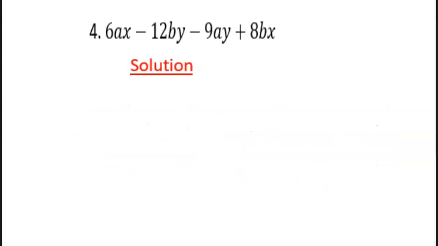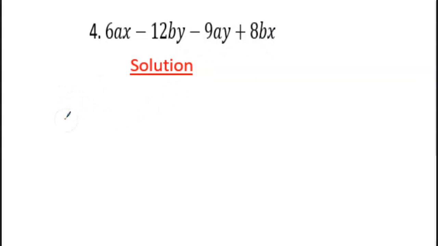The next one, we have 6ax minus 12by minus 9ay plus 8bx. So once again we check the letters, ax here, by. So we can put the x's together.